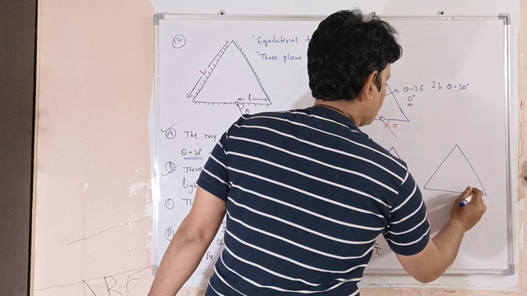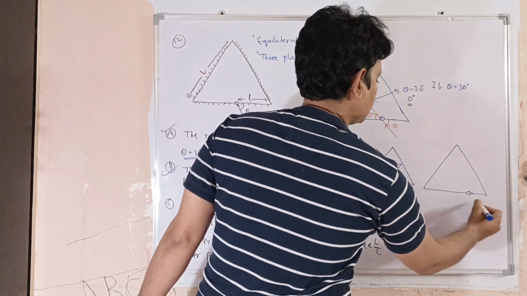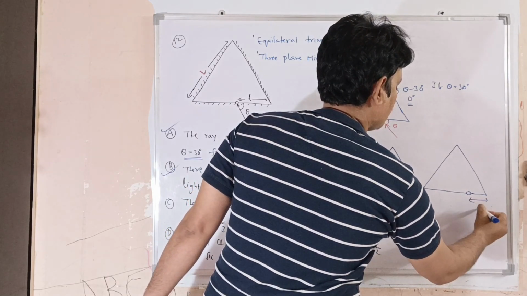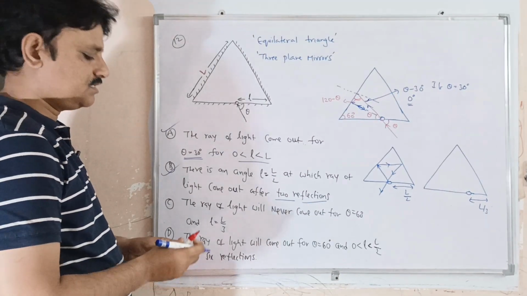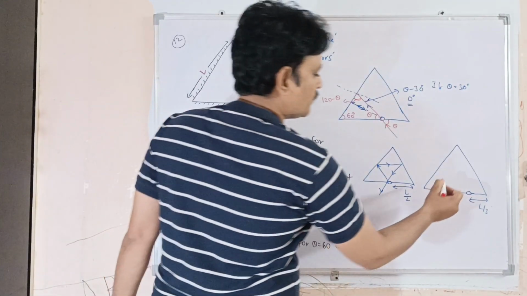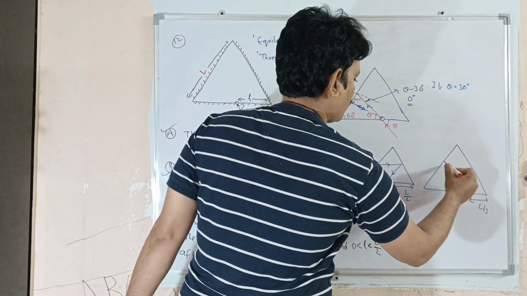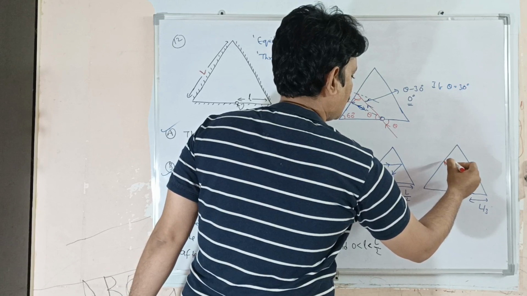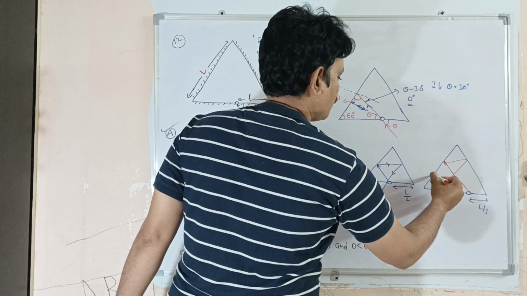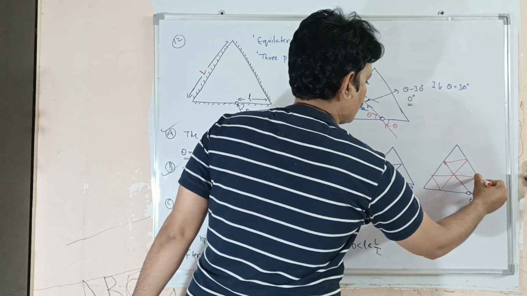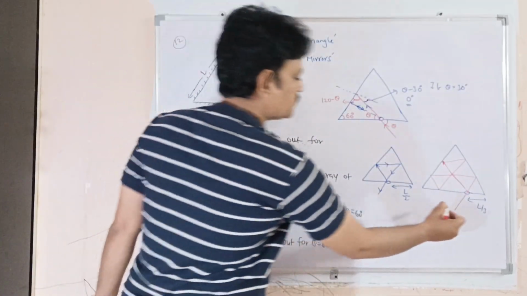Suppose the light ray enters a region of l is equal to L by 3, then what happened? Then it will reflect straightly, fall on the other mirror, and again it reflects in this way. So this is what happened in this case.